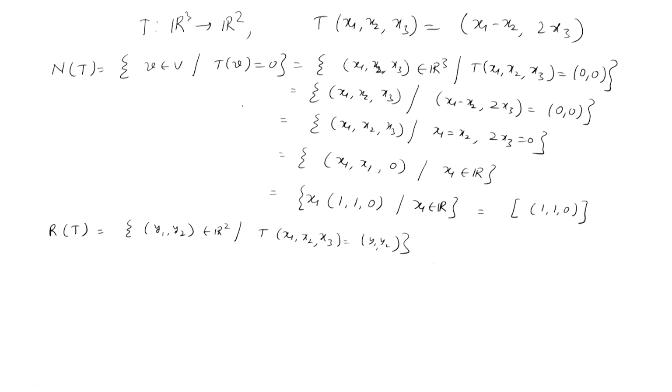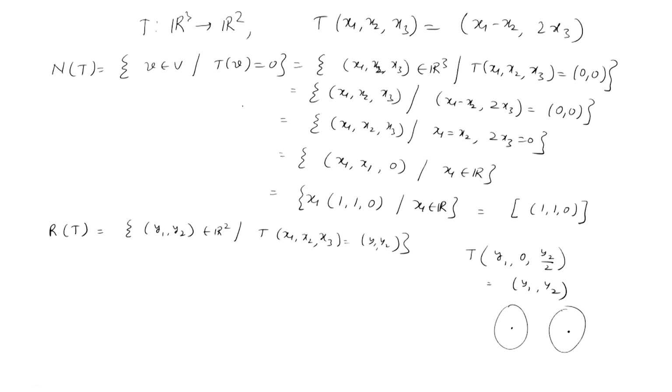Now, you can simply observe here that if you take T of (y1, 0, y2/2), it is equal to (y1, y2). You can simply observe here, it is y1 minus 0 which is y1, and y2 by 2 into 2 is simply y2. So that means for any (y1, y2) in W, which is R2, there exists a pre-image in R3.